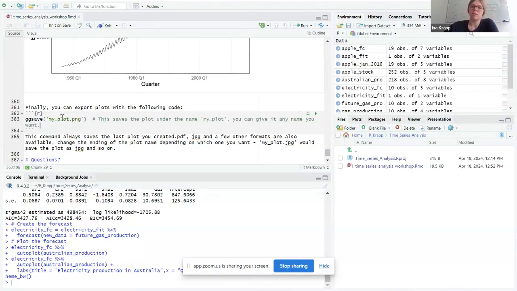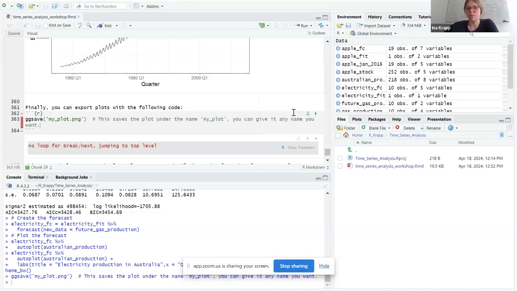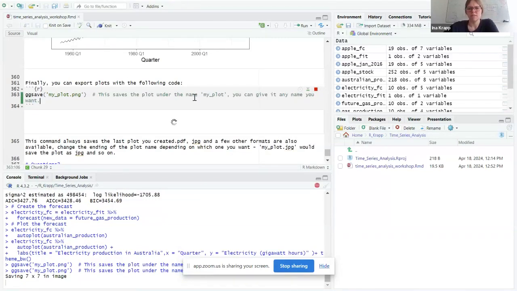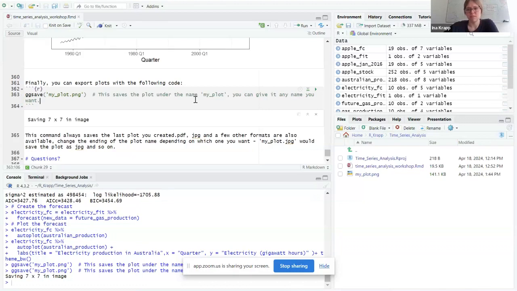You can also give it any name you want. I just called it myplot. And now we can export it. I don't know why it's giving this error message sometimes, but on the second try it usually works. Now you have seen that under Files, a new element appeared. It's called myplot.png. And now we can take a look at it.